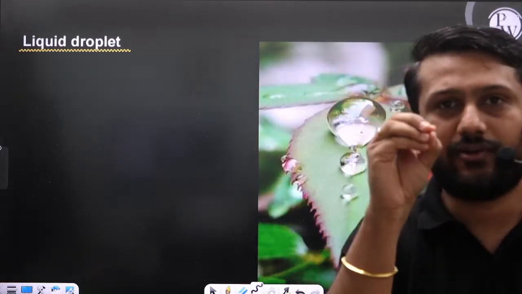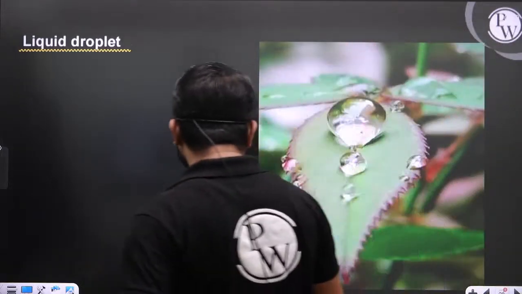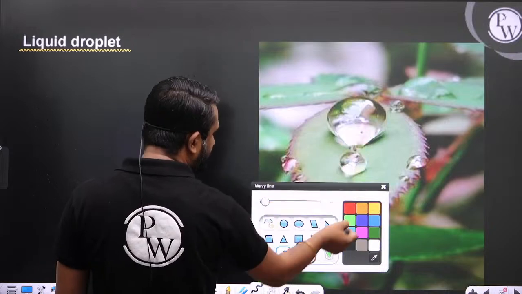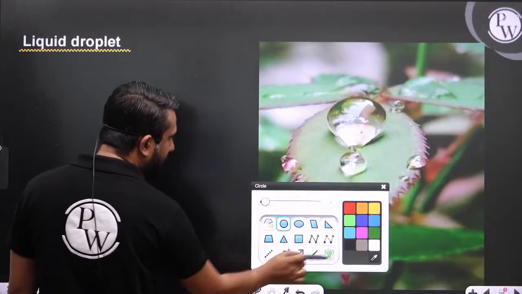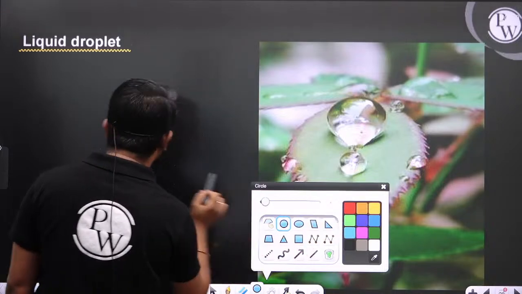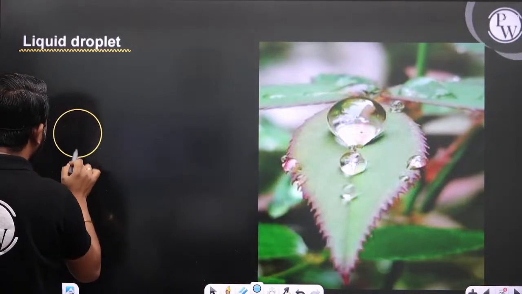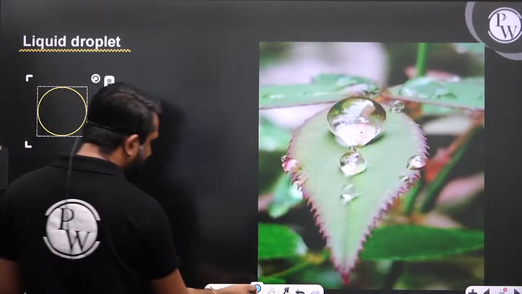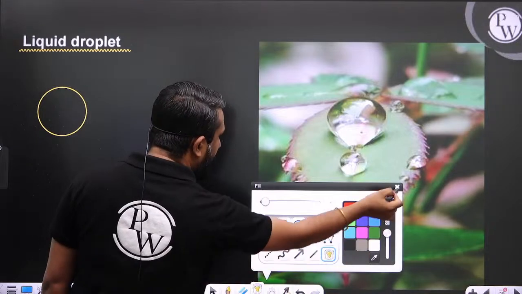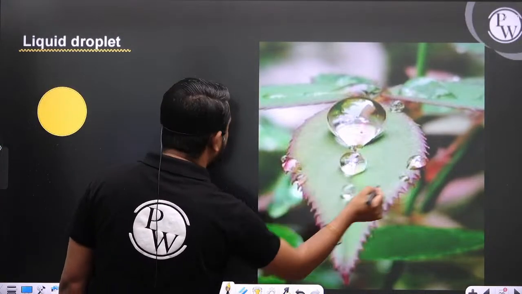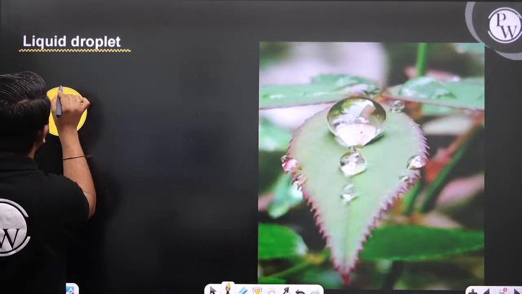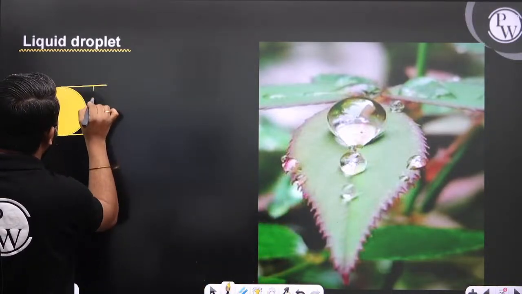If you draw this liquid droplet here, let us consider this is the liquid droplet, and let us consider the diameter of this liquid droplet is d.